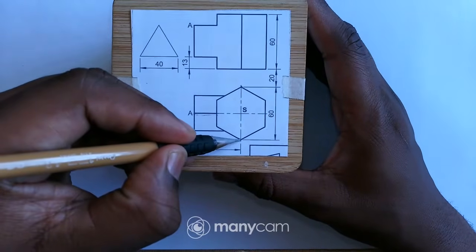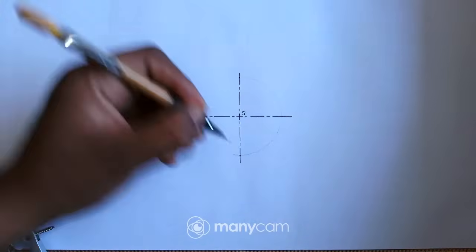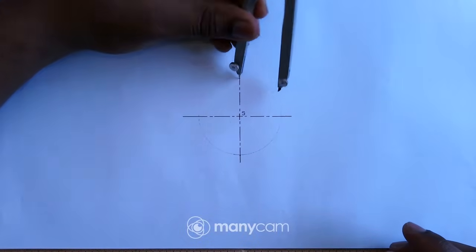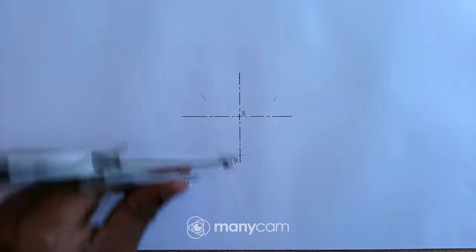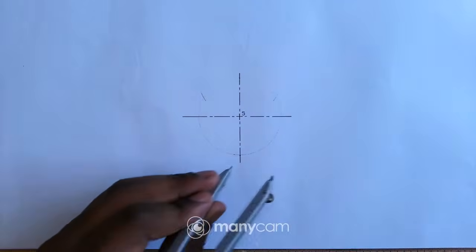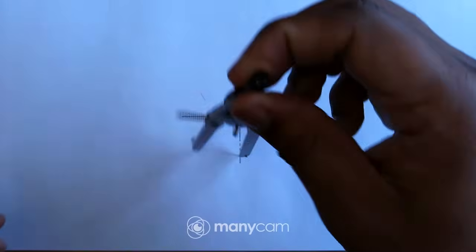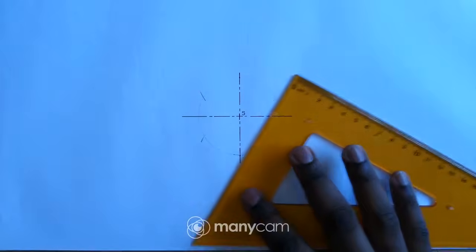We have this point and that point, right? So now that means I'll put my compass on those points to draw arcs like that, and also I'll put my compass on this point as well, draw an arc this side and arc that side. Okay, so now I can just draw in my hexagon there.